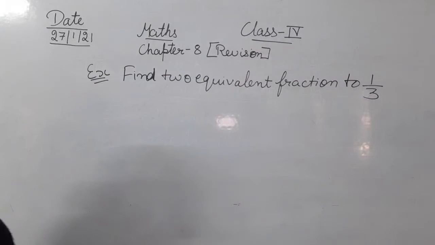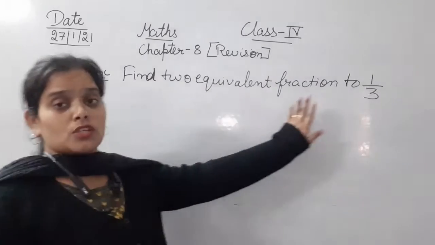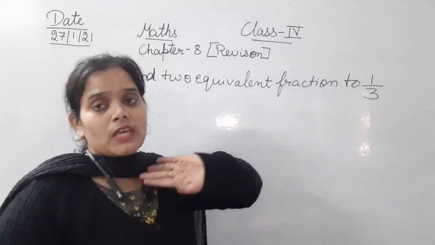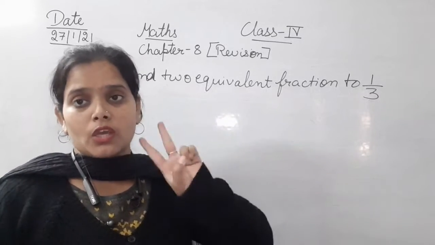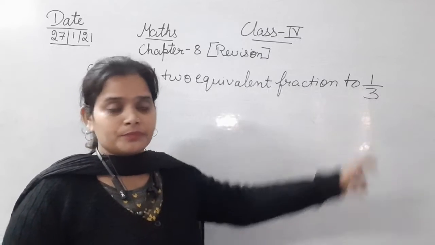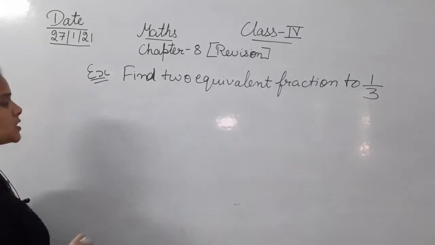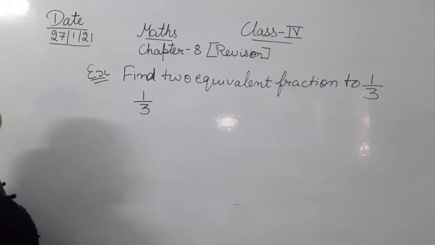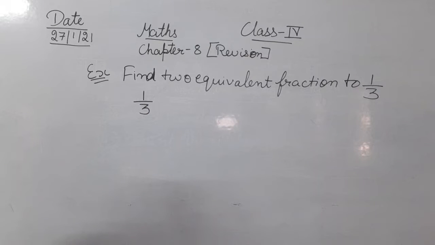So the question is that we have to find two equivalent fractions to 1/3. 1/3 जो हमारे पास fraction दी हुई है, we have to find two equivalent fractions that are equal to 1/3. Clear? So 1/3 is given and we have to find two equivalent fractions.